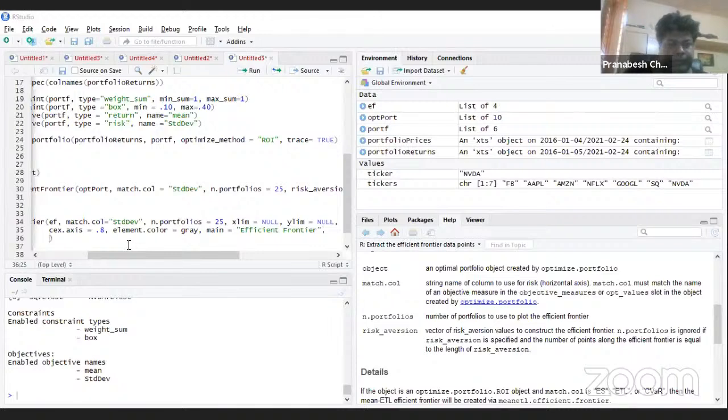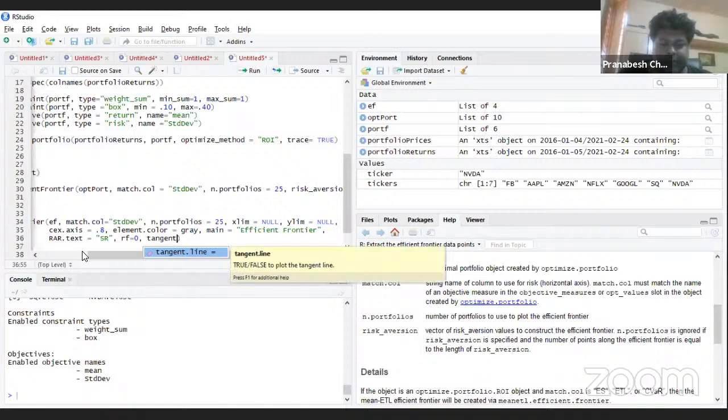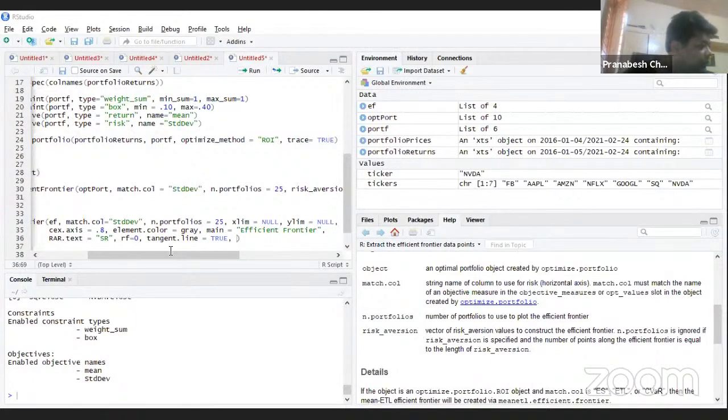It has also tried to give some text formatting. With rf equals 0, we can pretty much use this entire thing every time we want to use tangent line. We'll see what is the tangent that we are talking about. These are the standard settings for the graphs that we do.